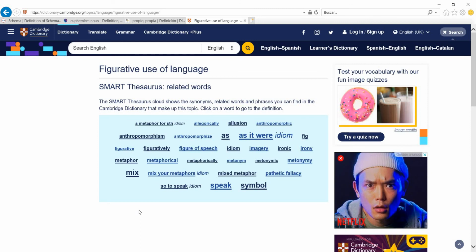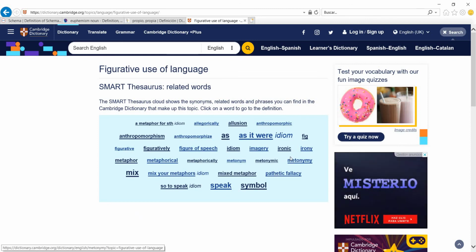Especially we think of metaphor, metonymy, and also synecdoche, that is not here, and also simile, right? We'll see those later, but you may want to get started.